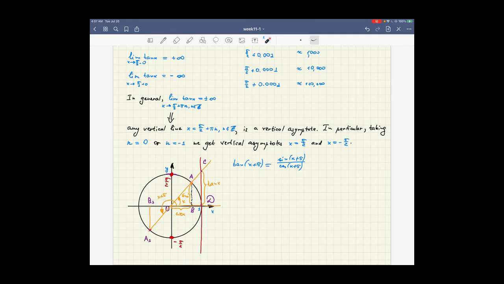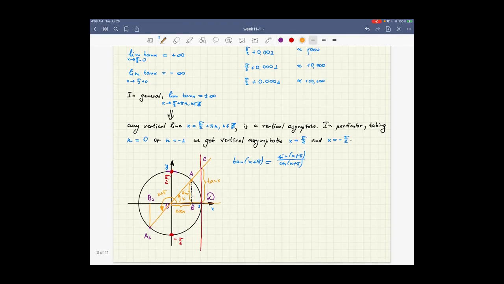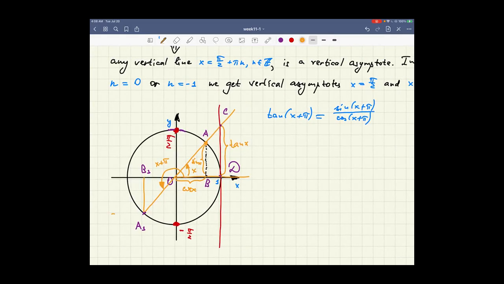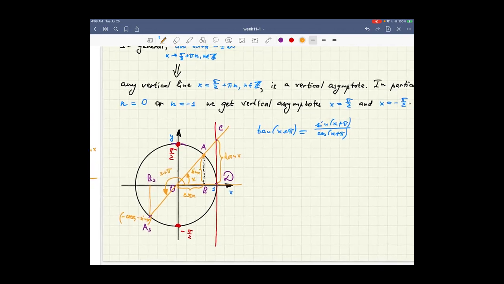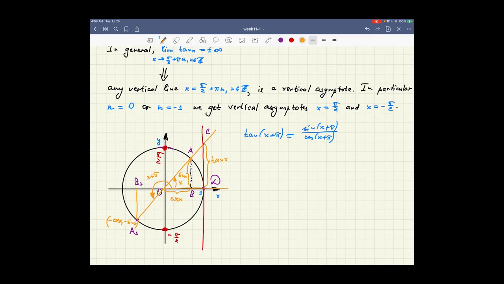In short, the coordinates of point A1 are simply negative cosine x, negative sine x. That explains immediately that cosine of x plus pi, the x coordinate of this point, is negative the x coordinate of this point, which is cosine x.